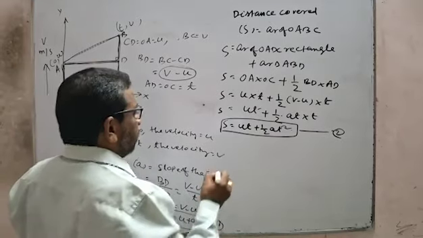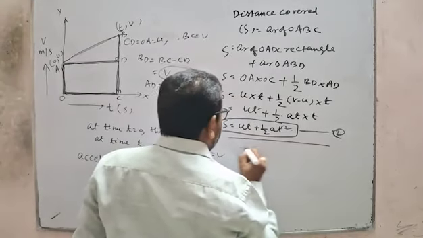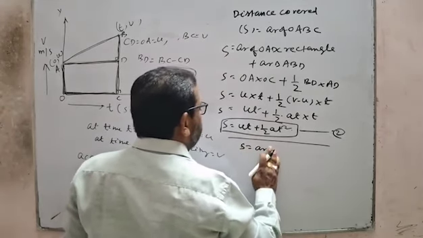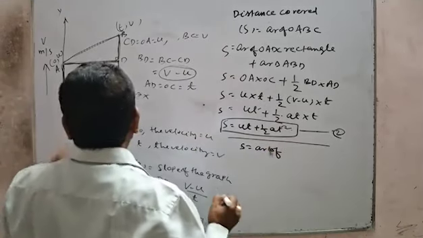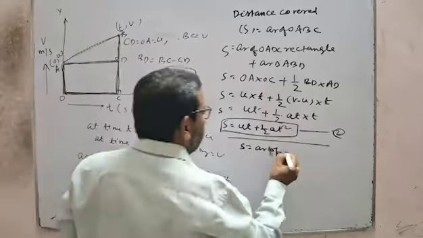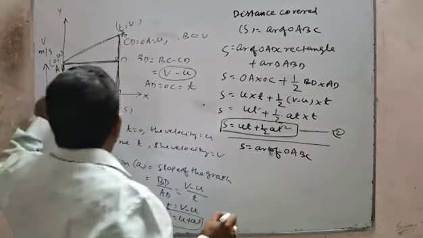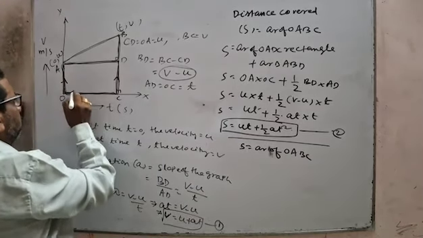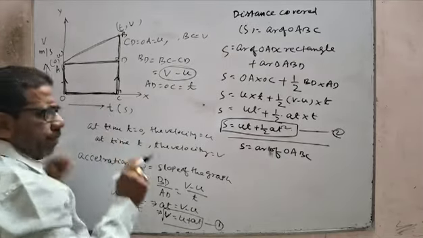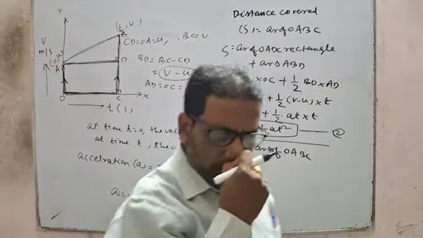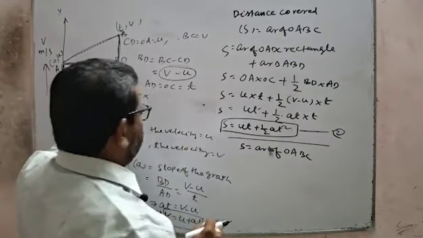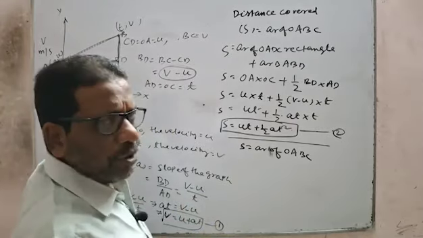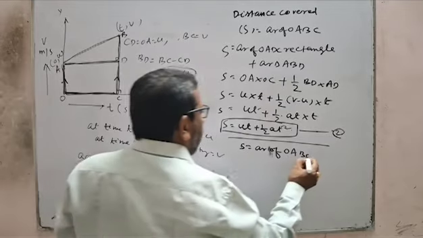Now you see, s equal to the area of OABC. What is this figure? This side is parallel to this. If in a quadrilateral one pair of opposite sides is parallel and the other two sides are non-parallel, then that is a trapezium.